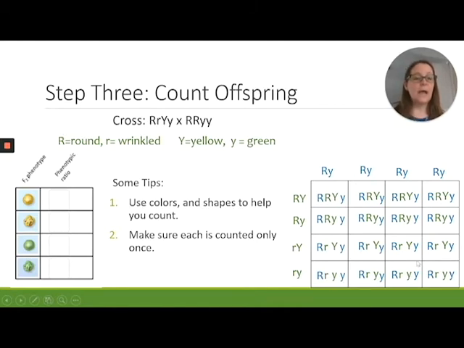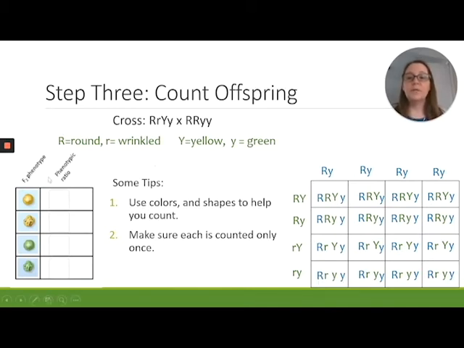I like doing that. If you're doing it on paper, get a couple of colored pencils or some highlighters. If you're doing it in OneNote, you can of course change the color of your pen and just circle things or put a little line through the ones that you've counted already, but make some sort of physical change on your Punnett square to let yourself know you've counted it already.